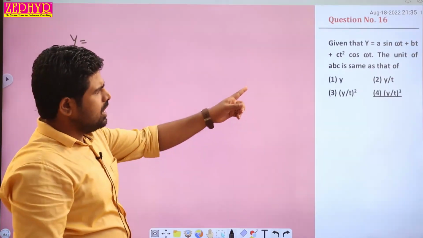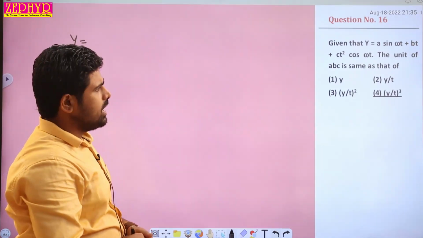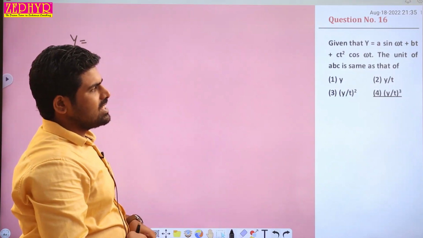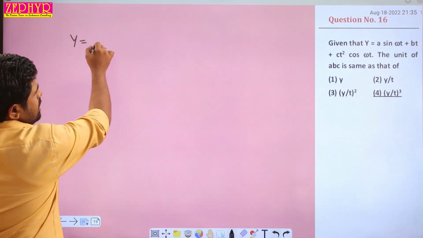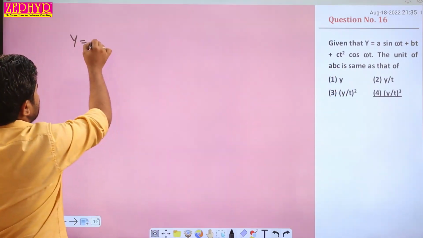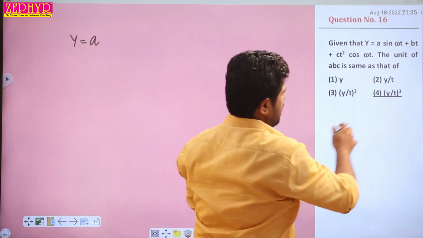See in the question, y is equal to A sin omega t plus bt plus ct square cos omega t, the unit of A, B, C is same as that of. So here from this equation the unit of y is equivalent to A. We know the dimensional analysis steps.